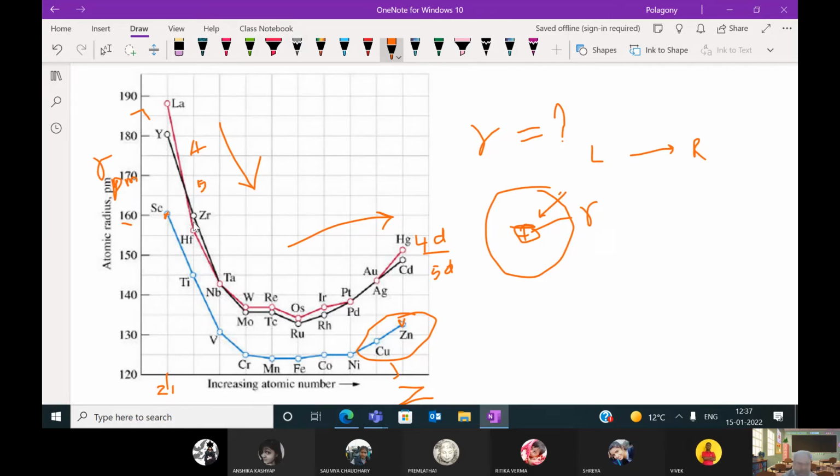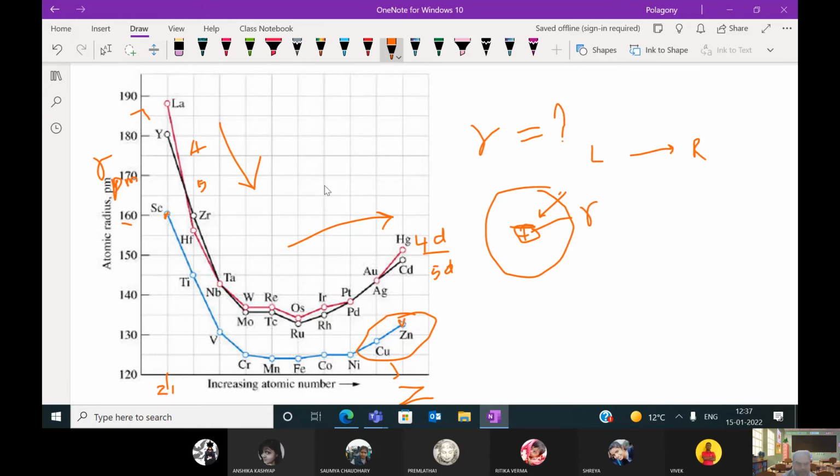For example, check zirconium and hafnium. Their atomic radii are very close. You can see tantalum and niobium also, wolfram and molybdenum also, and gold and silver also. Their atomic sizes are almost all close in resemblance.